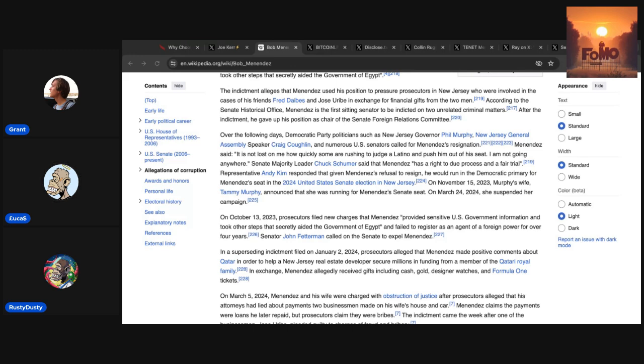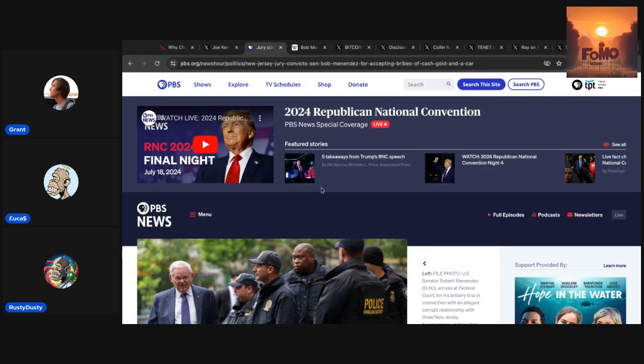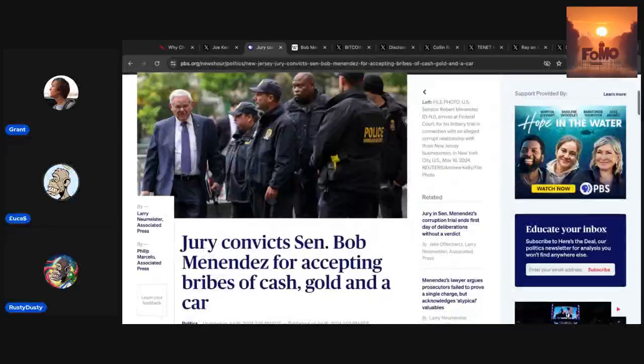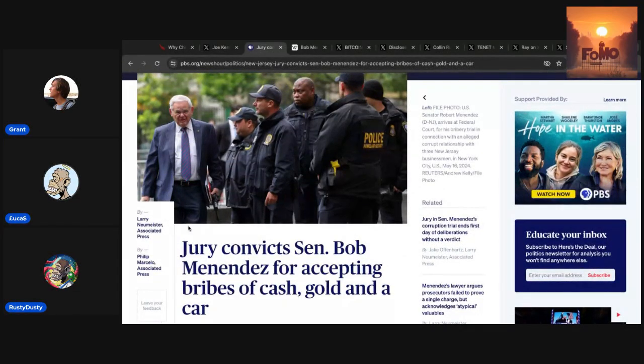It's different than what we talked about yesterday, like the dude getting the rug, and not actually in our conversations about crypto and rugging, but actually taking a bribe of a rug. Here we've got Bob Menendez, found guilty of accepting bribes of cash, gold, and he got better than a rug. He got a car too. Well.